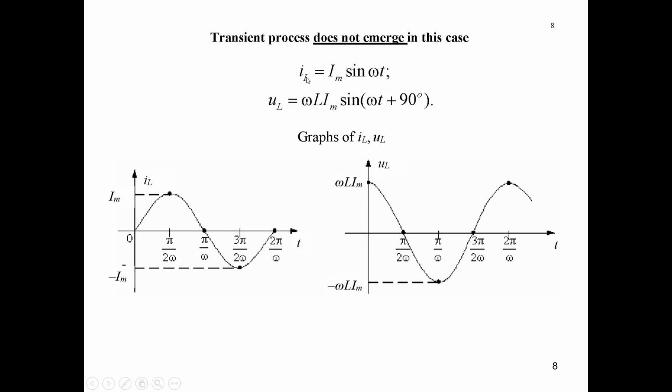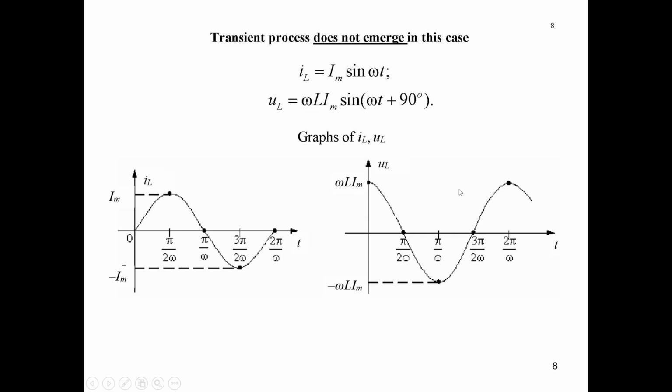You see, for current, it will be just sinusoidal function starting from 0, okay, only first component. And for voltage drop across inductance, it will be cosine function. Why? Because sinus omega t plus 90 degrees equals cosine omega t. You see?